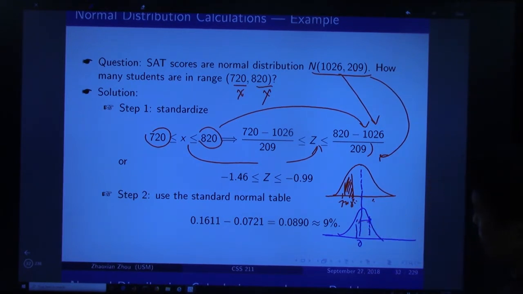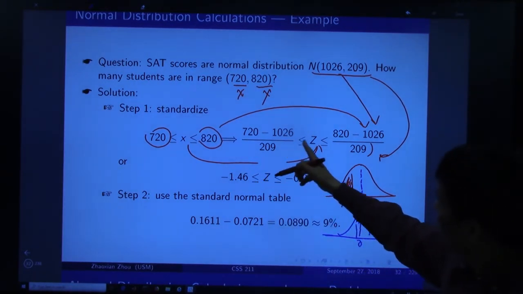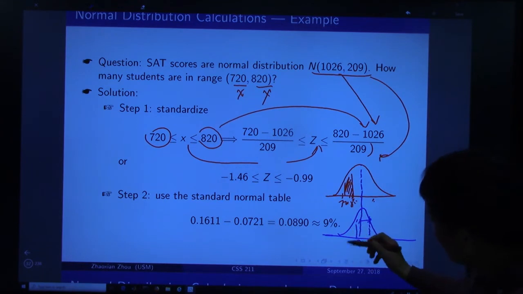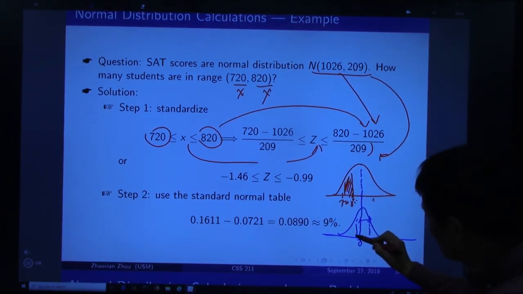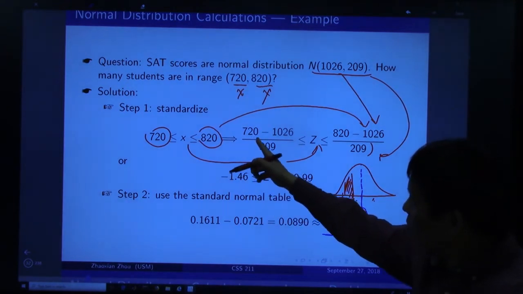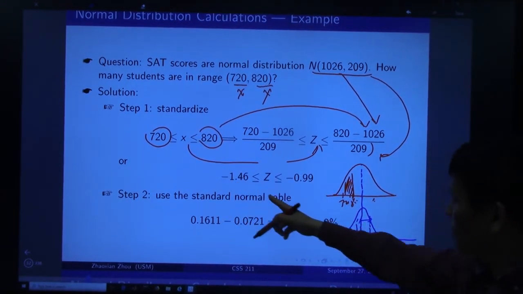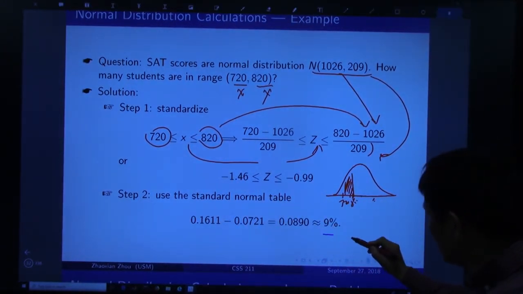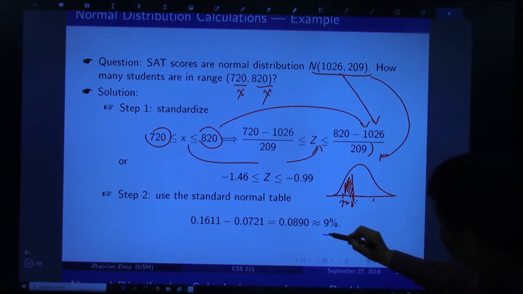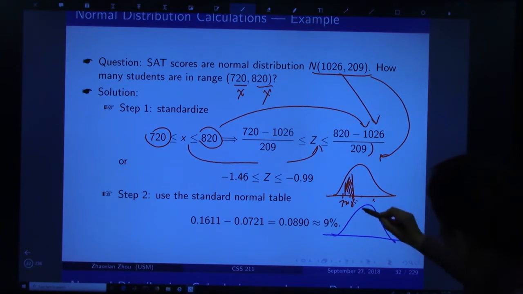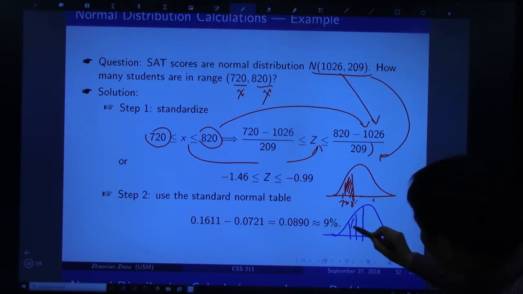The score 820 is changed to negative 0.99, around this point, and 720 is around negative 1.46, so it's here. Anyway, it still looks like the same thing.